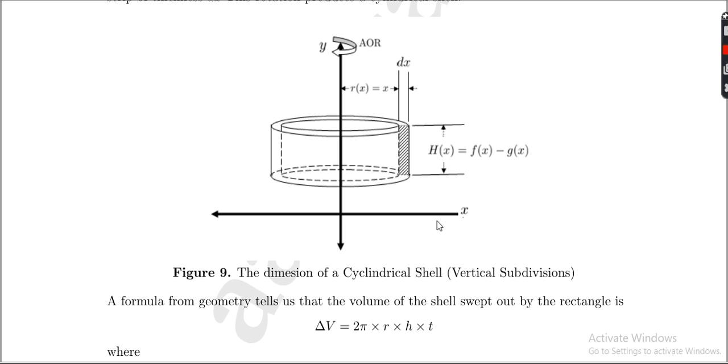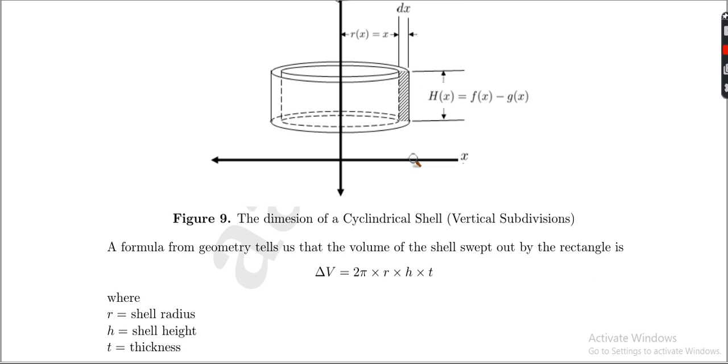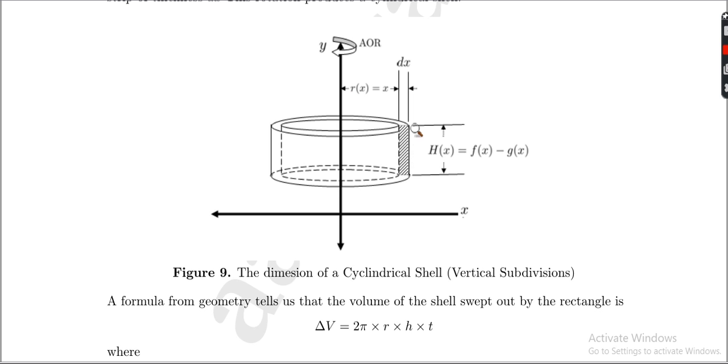In terms of a function of x, r of x is the distance from the element to the axis of revolution. The height, h of x, is the upper function minus the lower function, or the upper boundary minus the lower boundary, which is given by f of x minus g of x.